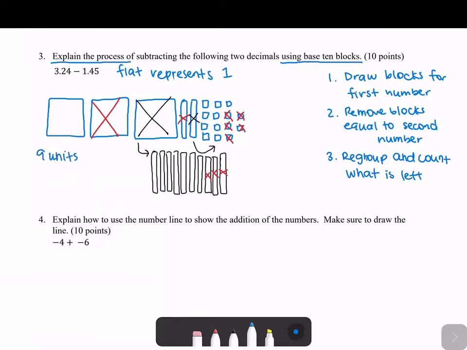We have 7 longs left over and 1 flat left over. So we can see that whenever we do this subtraction, we get 1.79 is what we get left over.